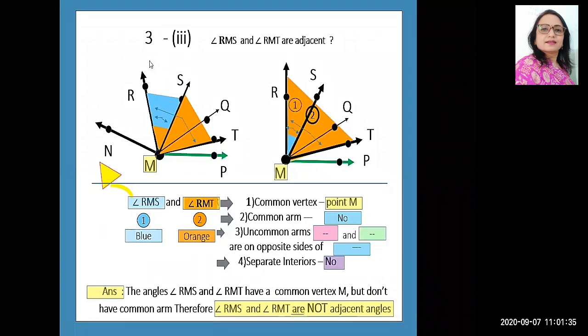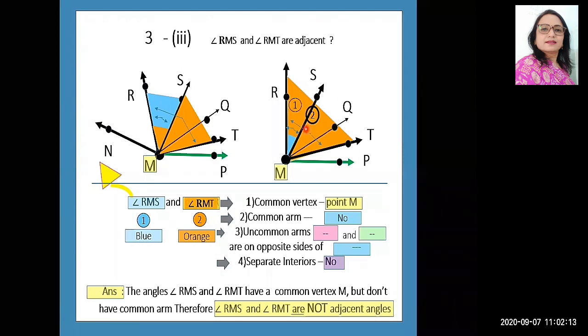Now, the third one: are angle RMS and angle RMT adjacent? Angle RMS, the first angle, is in blue color. See here, angle RMS and angle RMT. What happened? Here also overlapping. See this rough figure. Angle 2 is overlapping on angle 1.